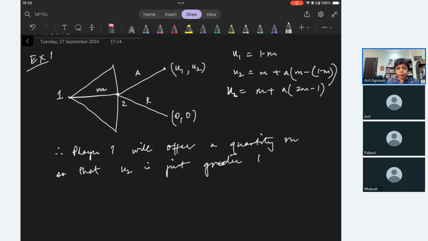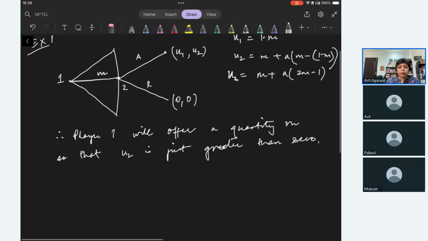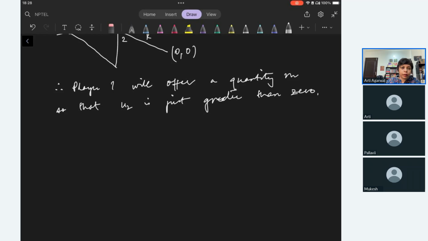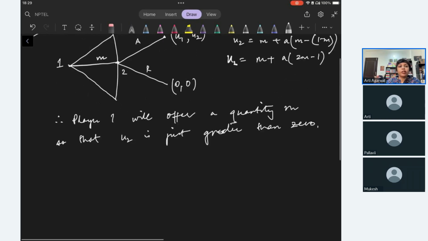So far, this is the only difference between this game and the normal games we have discussed, where we considered the quantity m and 1 minus m, or the discounted version, delta 1 x1, delta 2 x2, and so on, and compared that with 0, 0. Here the payoff function itself is different.